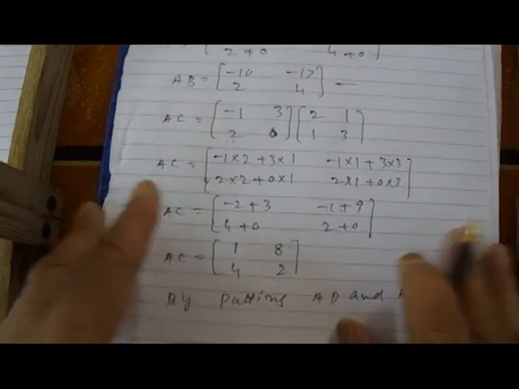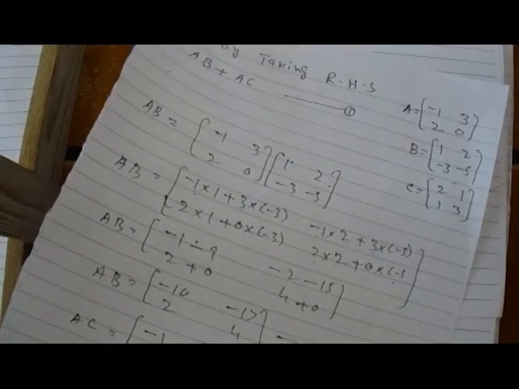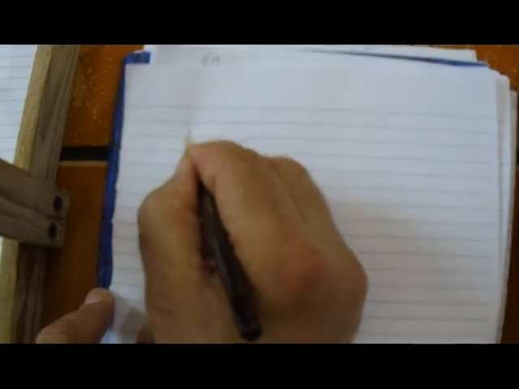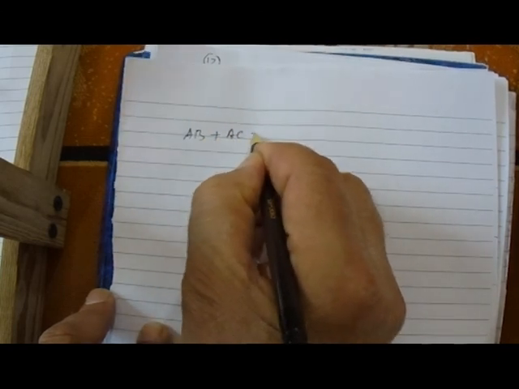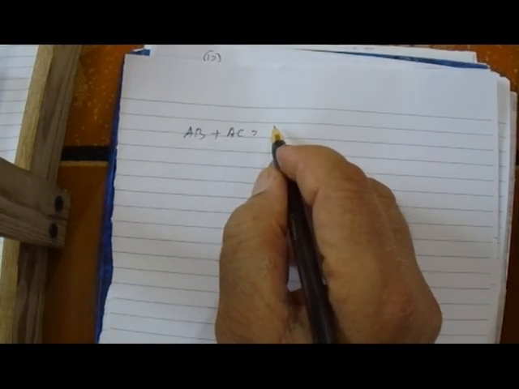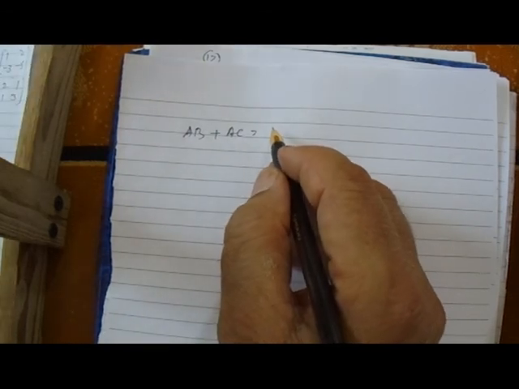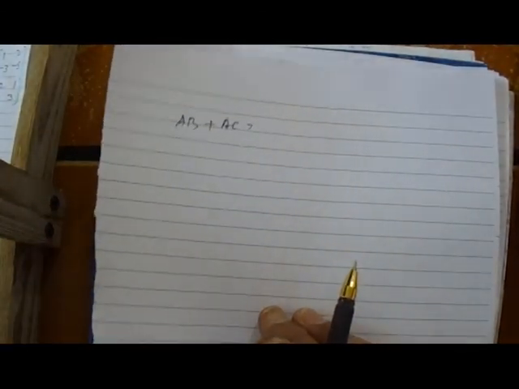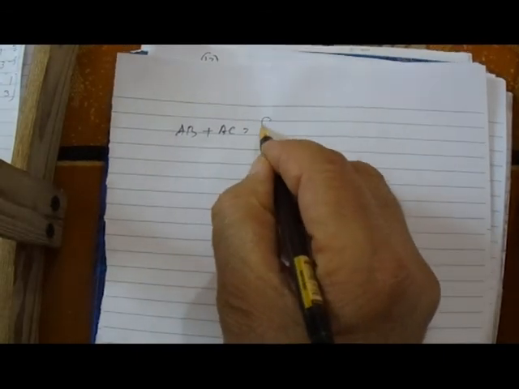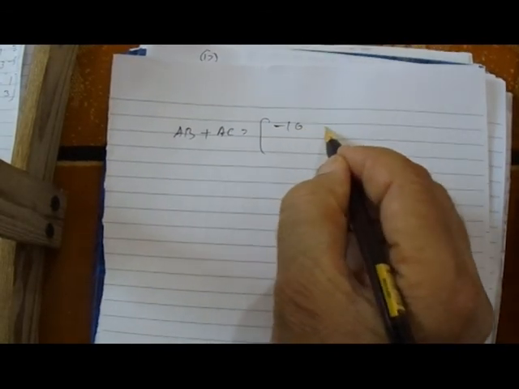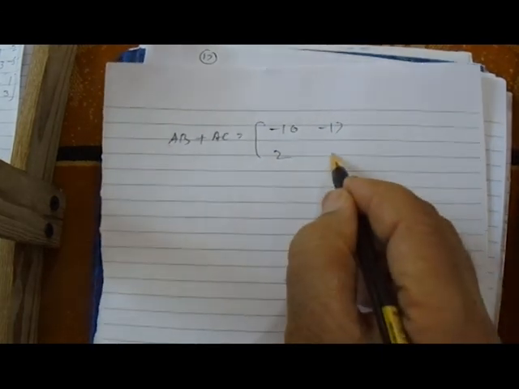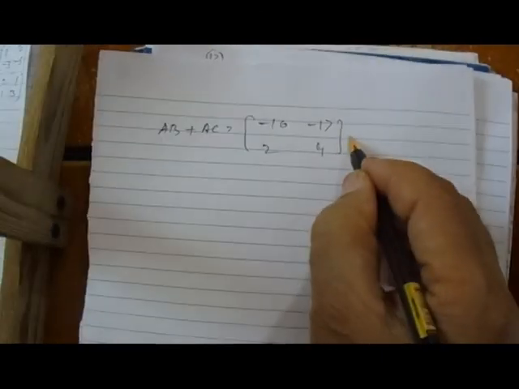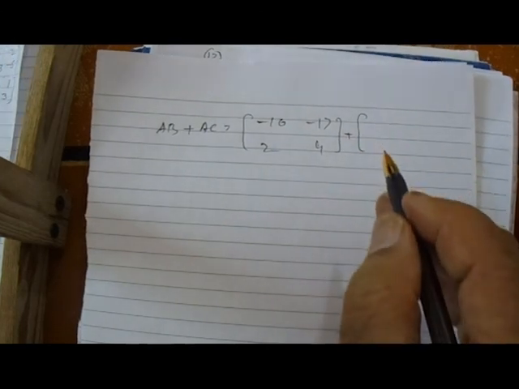We write AB plus AC is equal to: AB, this is minus 10 and minus 17, 2 and 4, and here plus AC. AC is 1, 8 and 4, 2.